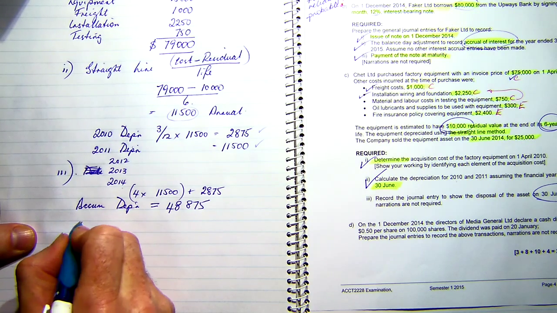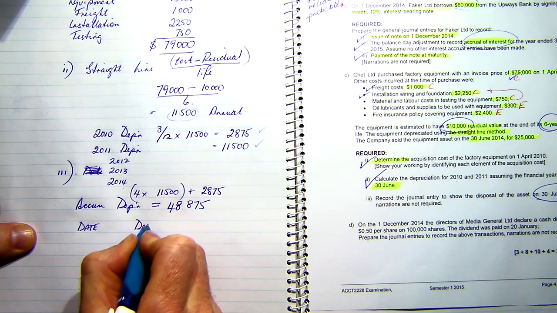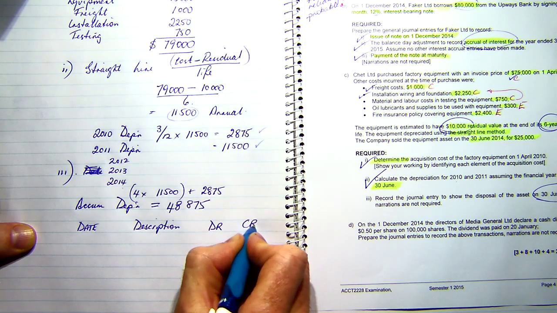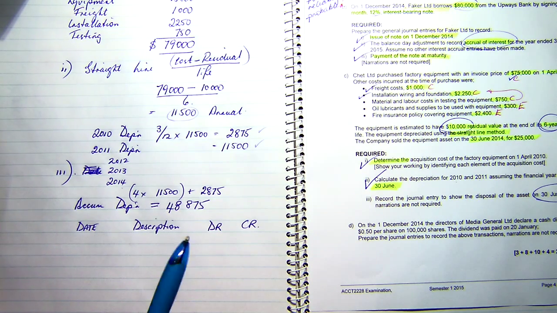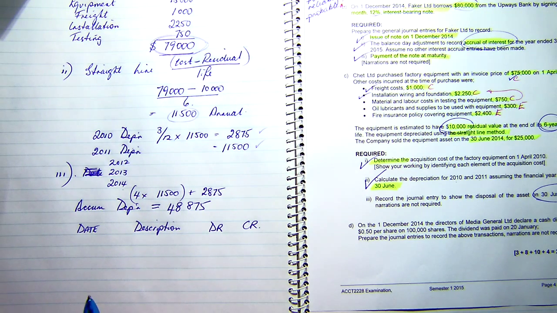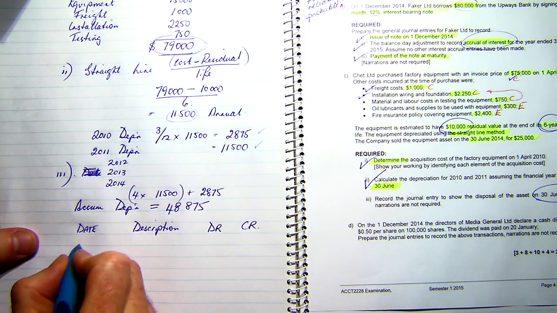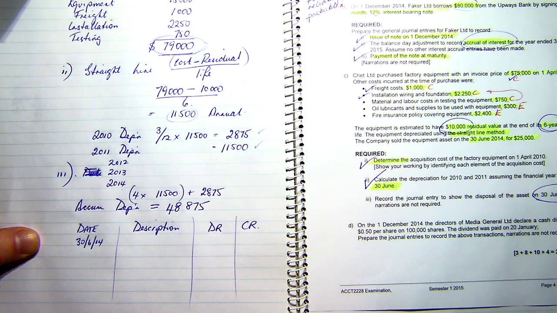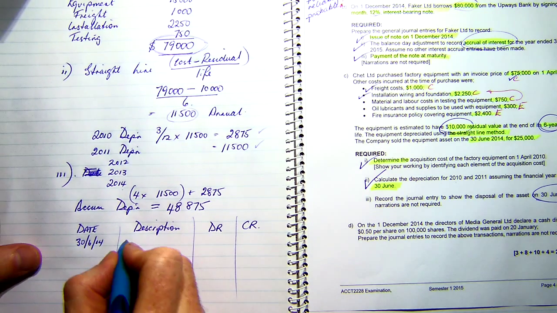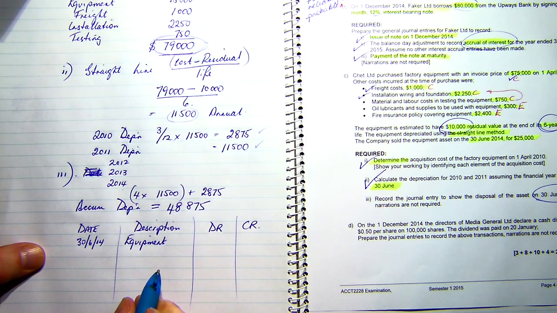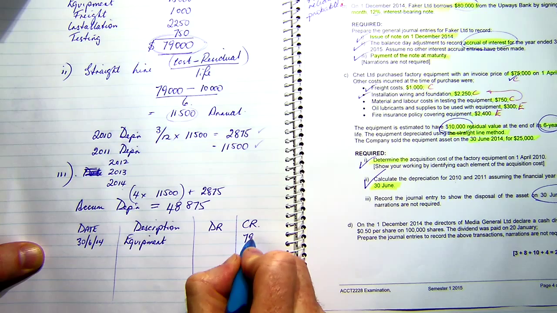All right, so let's do my journal entry. I've got a date, a description, a debit, and a credit. We already know the cost of my equipment. We're on the 30th of the 6th, 14. I'm going to get rid of the equipment first. What's the normal balance for an asset? Debit or credit? If I'm disposing of it, it'll be reducing my asset, so that'll be a credit.